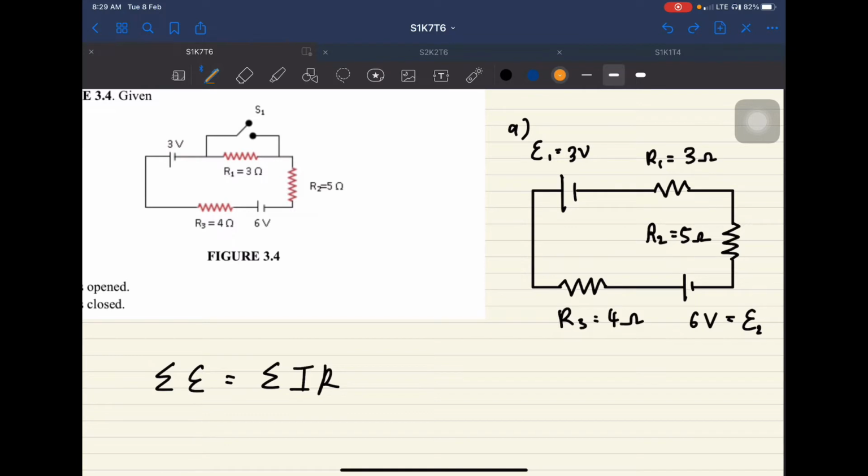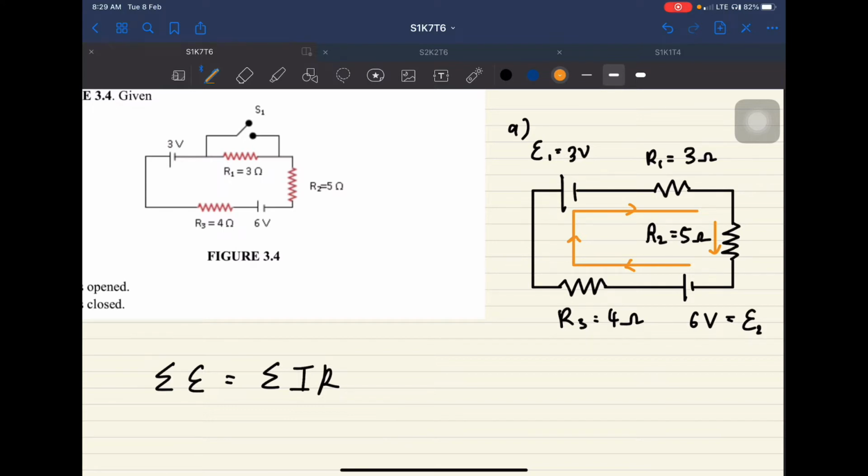If I do that, then my loop direction will have to be in this direction, something like that. The arrow is like this, like that, and like that. After that you have to determine the direction of current.